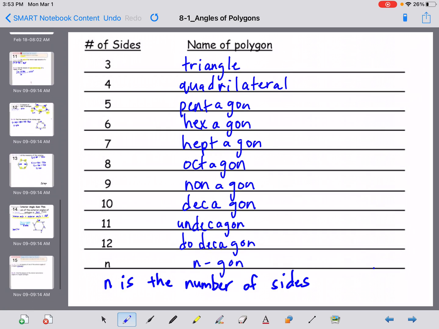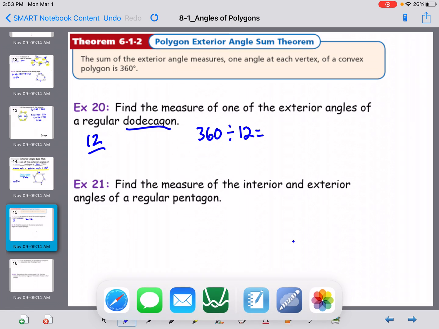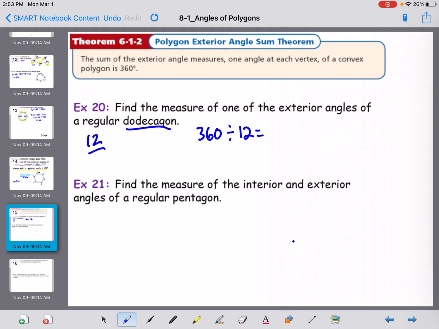So 12-sided figure. So that means that one of those exterior angles would be 360 divided by 12. I can almost do that in my head. Yep, 30 degrees. I would have got that right.